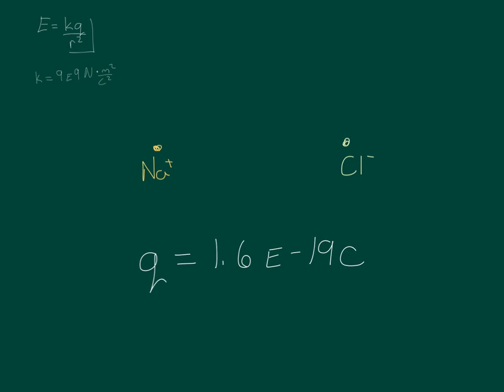So that's just a really small amount, and that's just the charge on an electron, also on a proton. But for our purposes here, we're just going to use that as the fundamental charge for the sodium and the chlorine. So each of them have the same charge, just one has an extra electron and the other has a deficit of the electron. That's how it forms that bond.